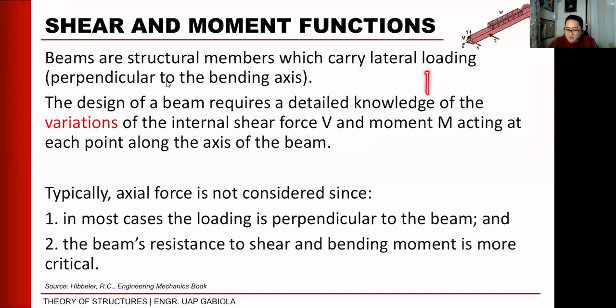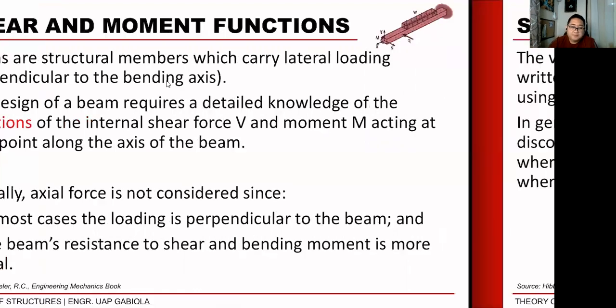Of course, the normal force is also critical kung malaki yung value, depende sa function ng beam natin. Pero all in all, the most important values na kino-consider natin are the shear and bending moment natin. So yun yung pag-aaralan natin ngayon. Depende kung saang point. Okay?